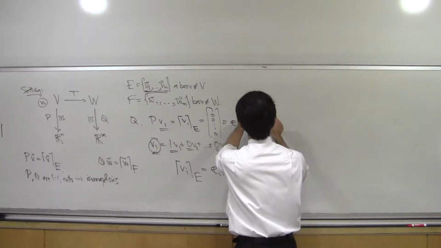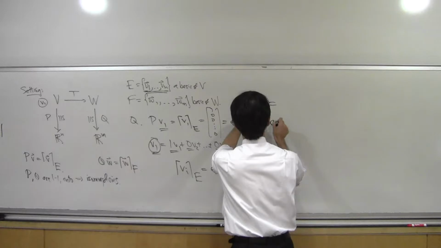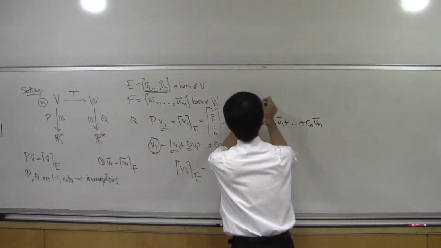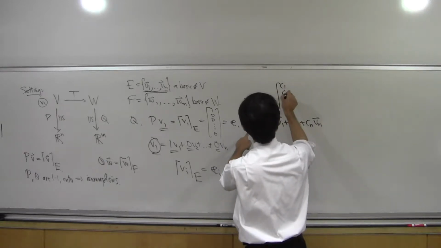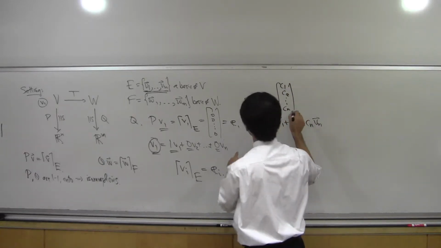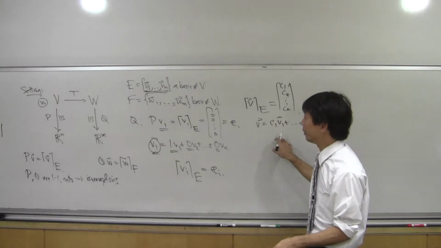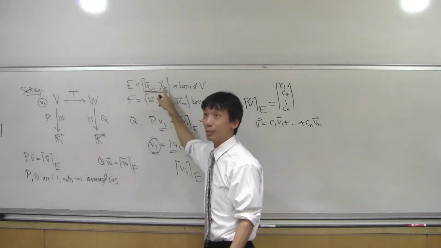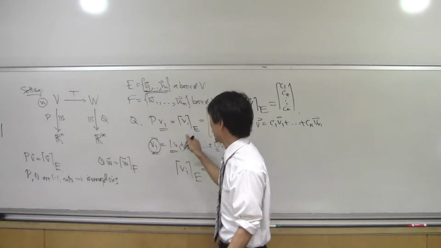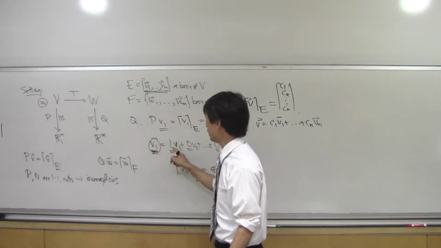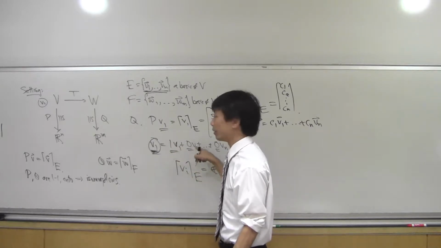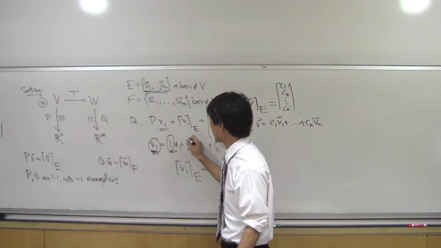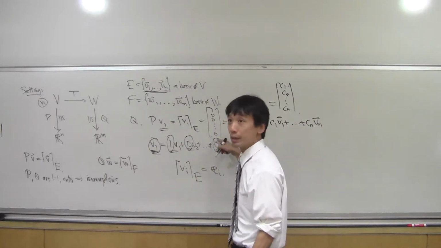Well, you have to express v as c1 V1 plus up to cn Vn, and then you use those coefficients as your coordinate vector. Well, V1 is one of these elements, so I'm going to express it as 1 V1 plus 0 V2 plus 0 V3, et cetera. So what are my coefficients going to be? 1, 0, 0, 0, 0, 0, 0.